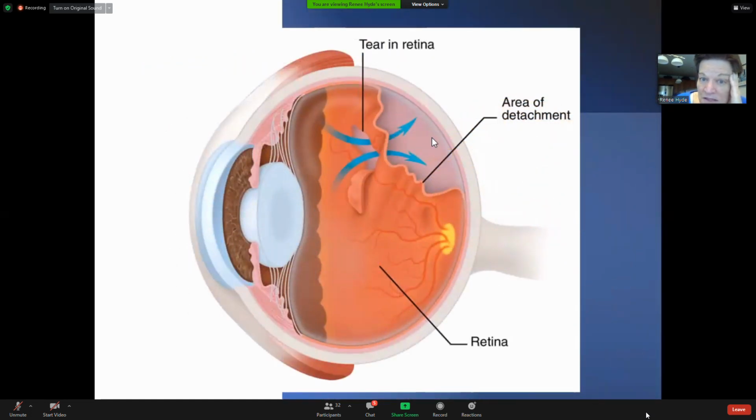What happens is that there's a tear in the retina and fluid gets behind and it pulls it away from the back of the eye. So that light is not able to be reflected or refracted, and vision suffers.